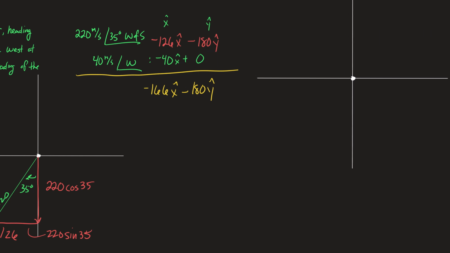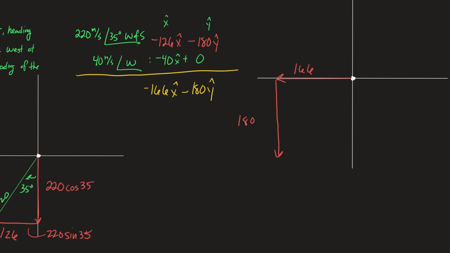Looks to me like I've got a vector this way. Well, let's see. That's 166. And this way, that's 180. You can do this in any order you'd like. So if you wanted to go 180 in the y direction first and 166 in the x direction, that's fine.